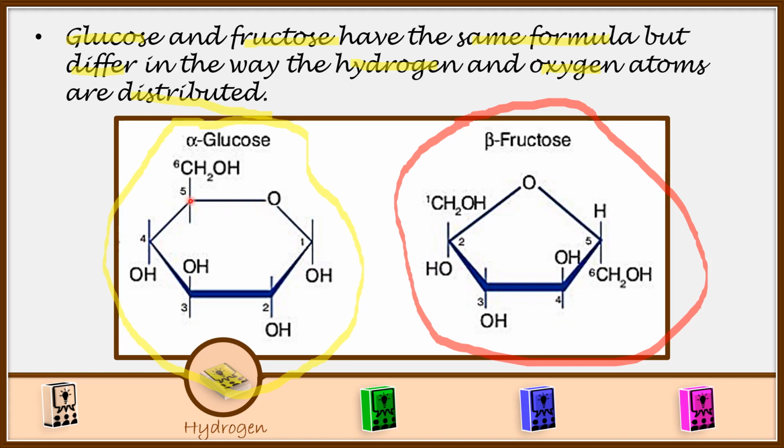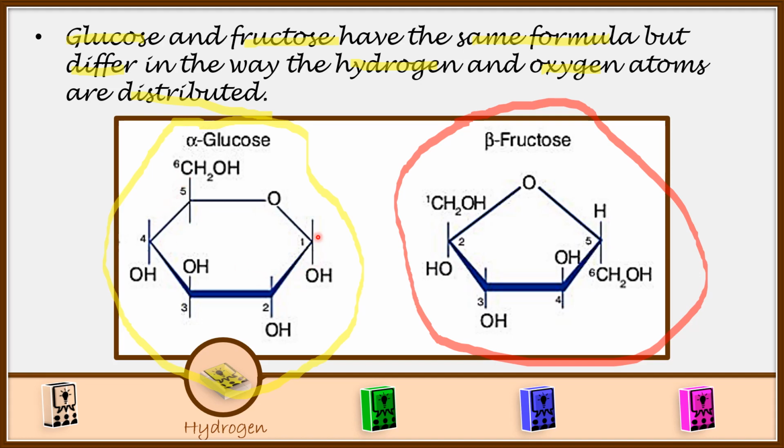Carbon atom 5, and carbon atom 5 here, then you have carbon atom 6 and carbon atom 6. So you will see that the distribution of oxygen and hydrogen differ.